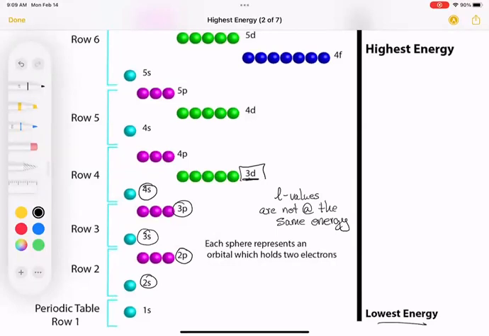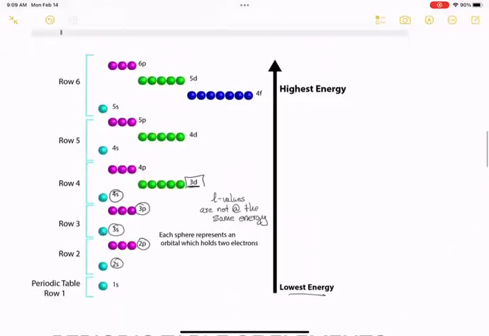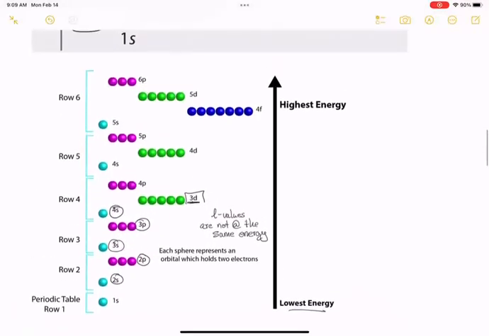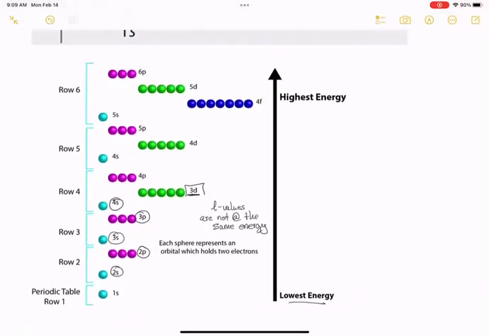Now, this is important because this deals with Aufbau's principle. Basically, Aufbau's principle says your electrons will go into the lowest shell, the lowest subshell first.